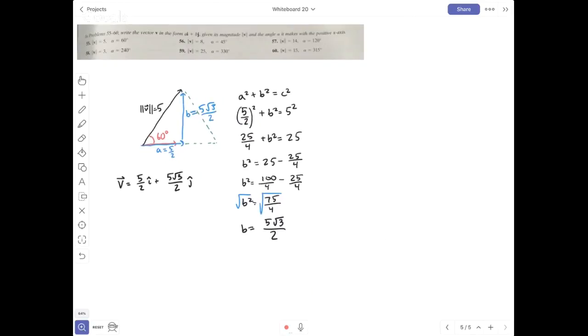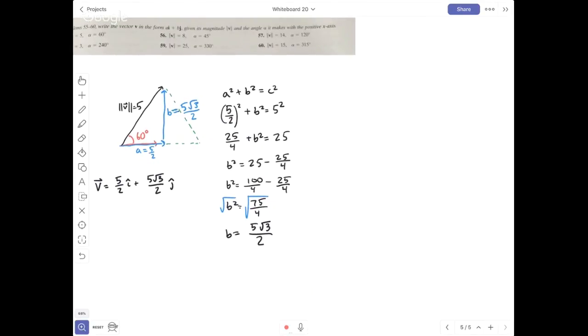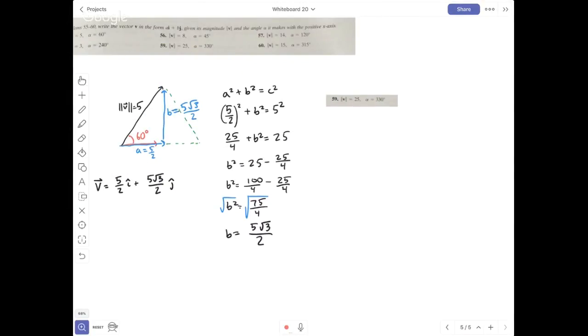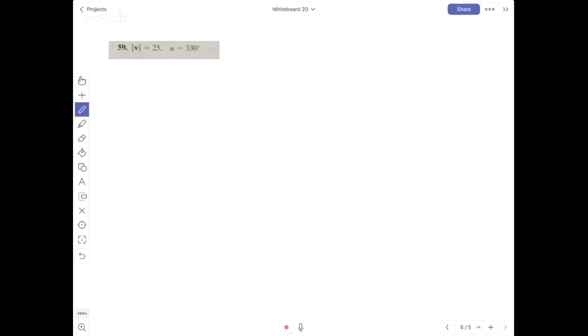Maybe 59, a nice 330-degree angle. So here's a coordinate plane, and there's the x-axis, and I've got 90 degrees, 180 degrees, 270 degrees, and 60 more degrees for 330 degrees.